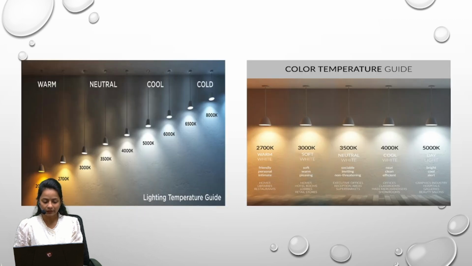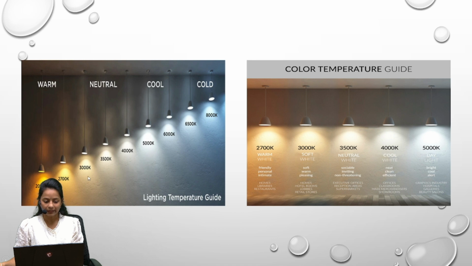Also before that, let me explain how the intensity of the light works. The light intensity works with the temperature. The intensity varies from warm to cold. Warm is the temperature between 2000 to 2700 Kelvin.